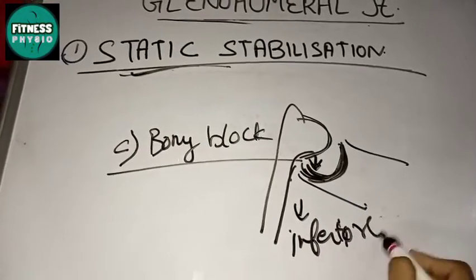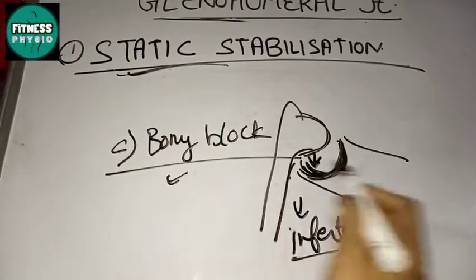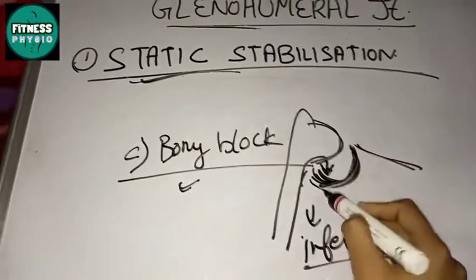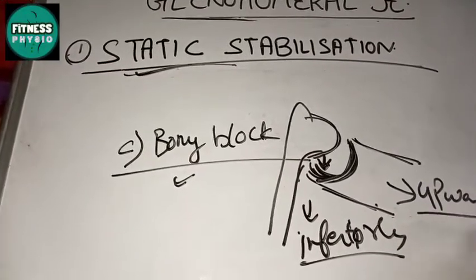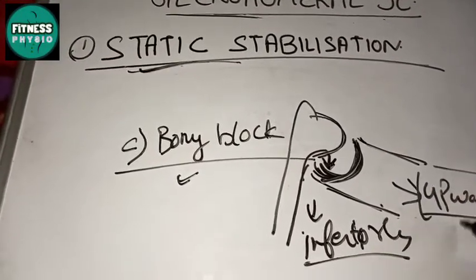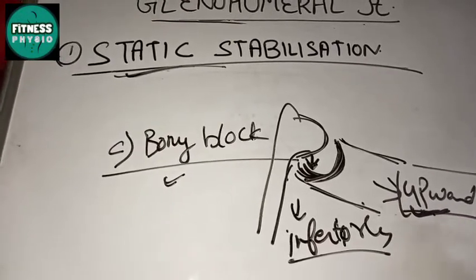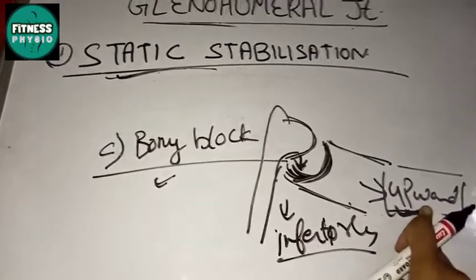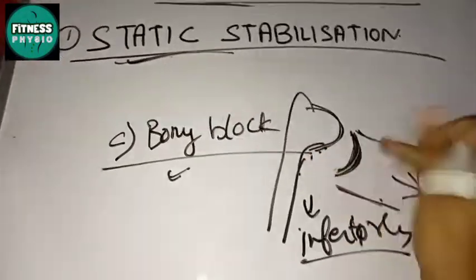So this is another way to maintain static stabilization by bony block in upward tilt of the scapula. You already know that your scapula is always in upward tilt. So what happens if there is downward tilt?